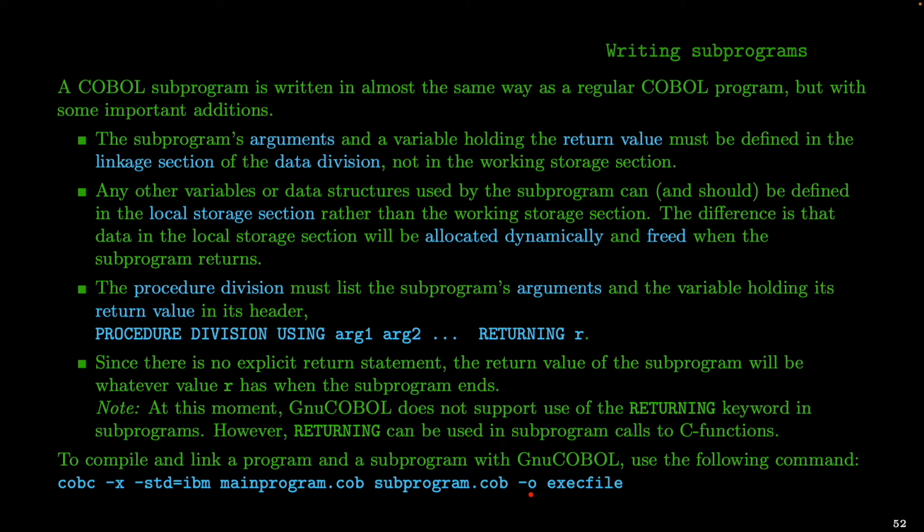And now you have to explicitly state the name of the executable you want to create by -o and the file name of the executable. So usually this will be the same as the name of the main program. But if you have multiple parts of the program, multiple files, you have to explicitly state the name of the executable.